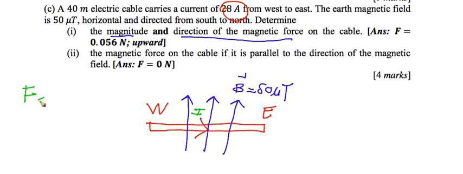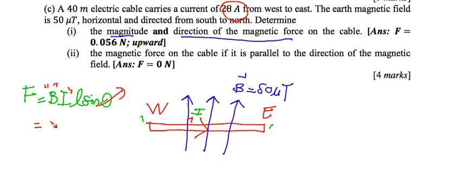You can use the equation: force is equal to B, the magnetic field, times I, the current flowing in the cable, times L, the length of the cable, and sine theta. And theta here is the angle between B and I. So the direction of I and B is 90 degrees.